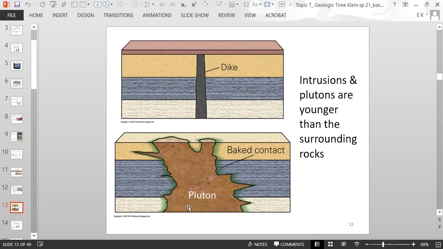The pluton caused a baked contact, which is really contact metamorphism. So the green fuzzy looking outline around the pluton is contact metamorphism. So the pluton and the contact metamorphism are younger or more recent events than the formation of these rock layers.